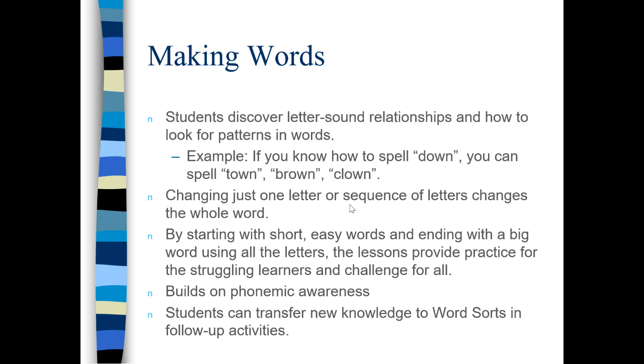And the example here is if you know how to spell down, you can spell town and brown and clown. And if you notice, all we're doing is changing the beginning of that word. So the student could go from knowing how to spell one word to knowing how to spell 4 just by manipulating the first couple of letters in a word.